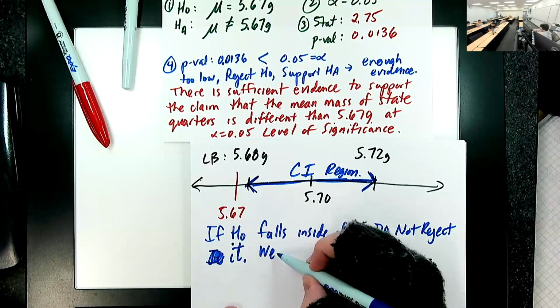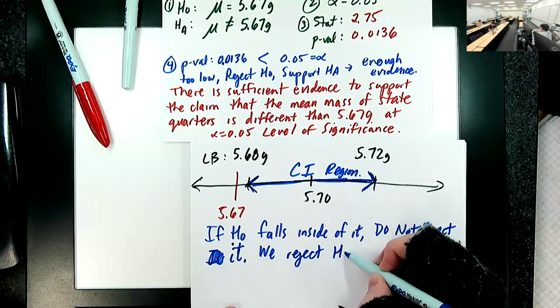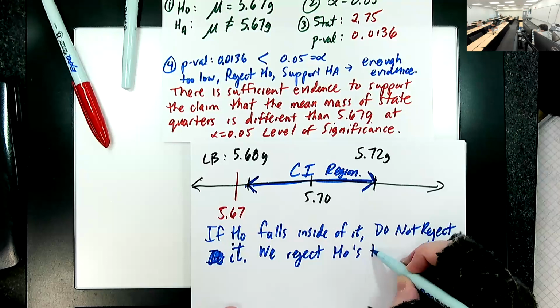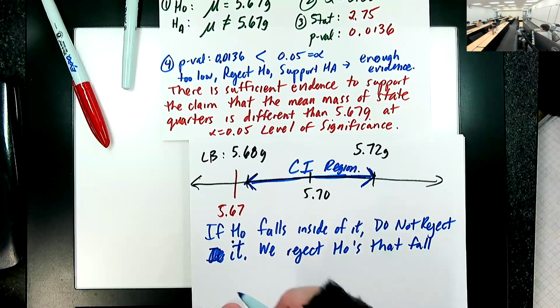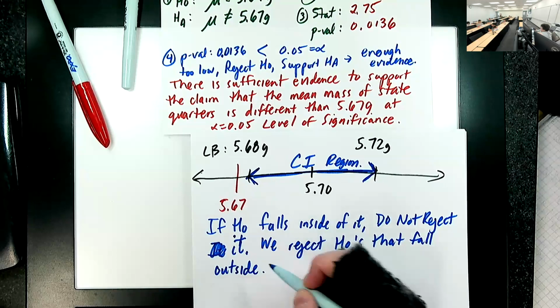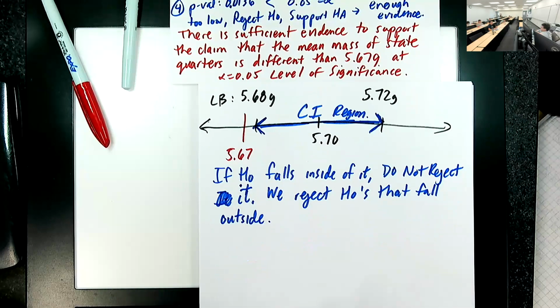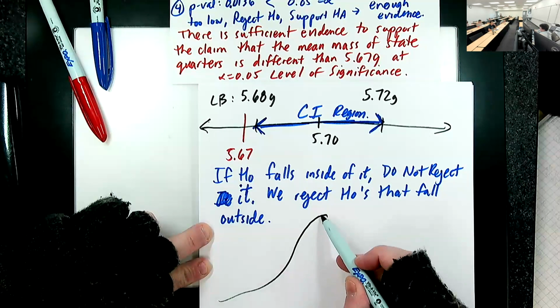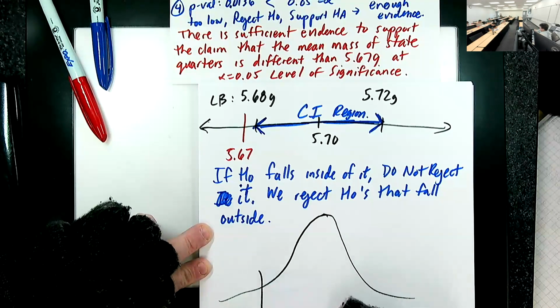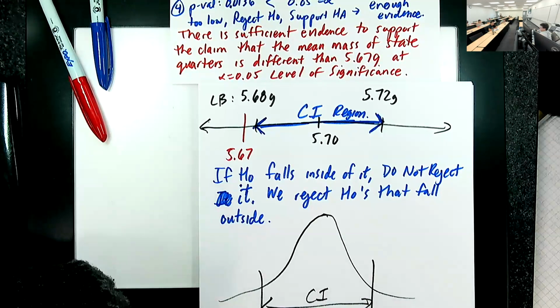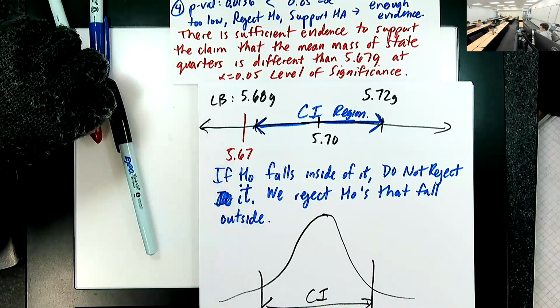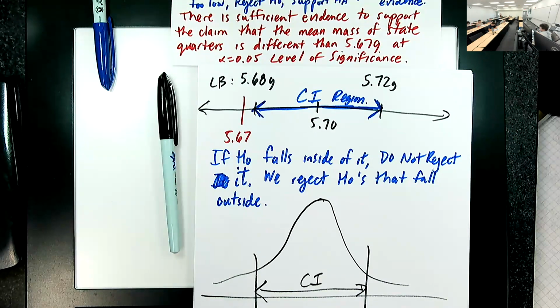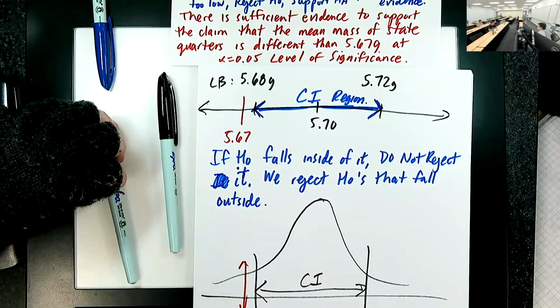We reject H naughts that fall outside. This is very much like a bell curve. In fact, it is a bell curve. And there's our confidence interval region. If our H naught falls outside, we are not confident that it's in the region, that it even belongs in the region.